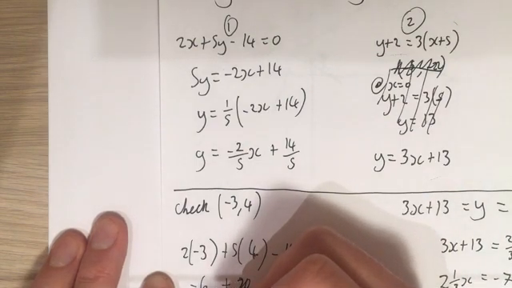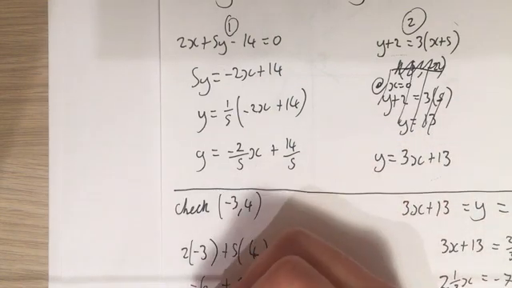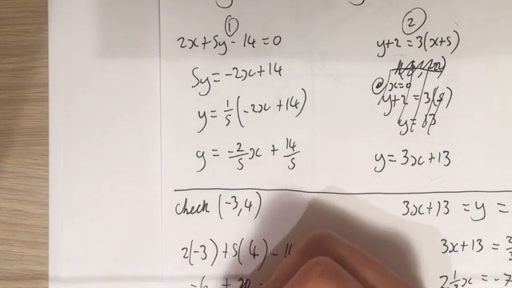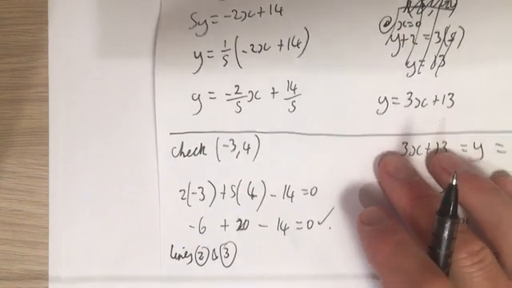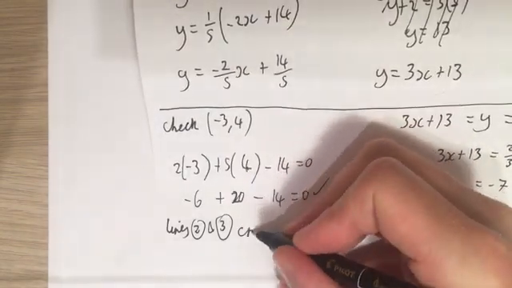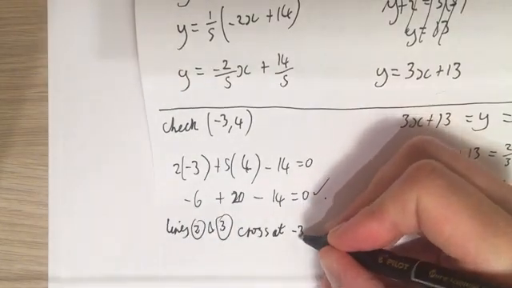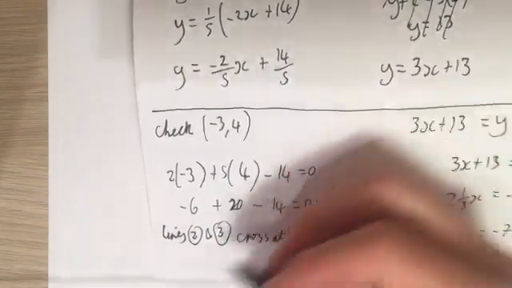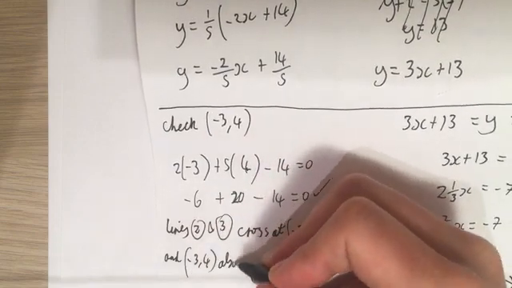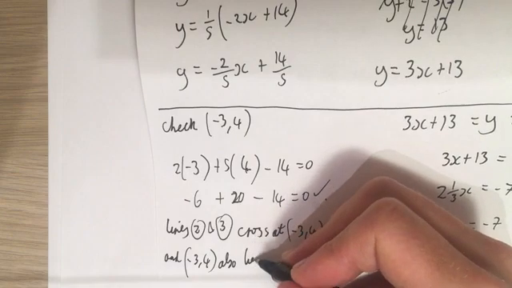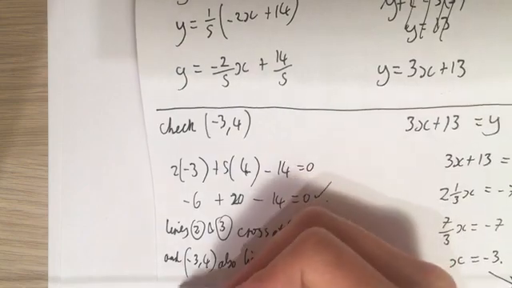So we have to conclude if we're going to prove that they are concurrent. We could say a little sentence: lines 2 and 3, because I labelled them, which was very useful of me, lines 2 and 3 cross at minus 3, 4, and minus 3, 4 also lies on line 1.